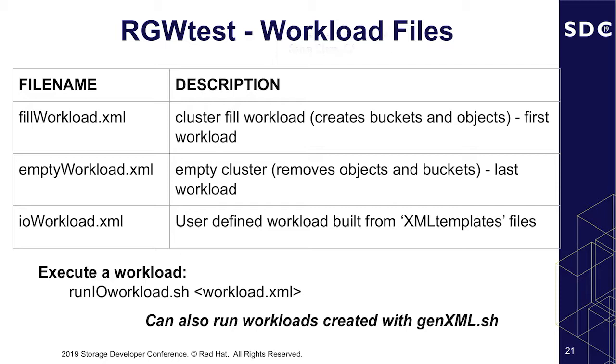So these are the three workload files that RGW test produces, but again, you can pull in workloads that were created with the Gen XML tooling as well.